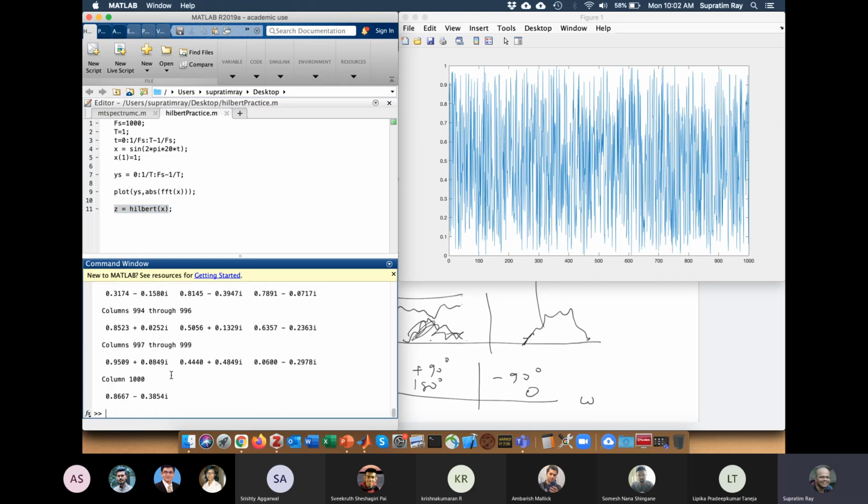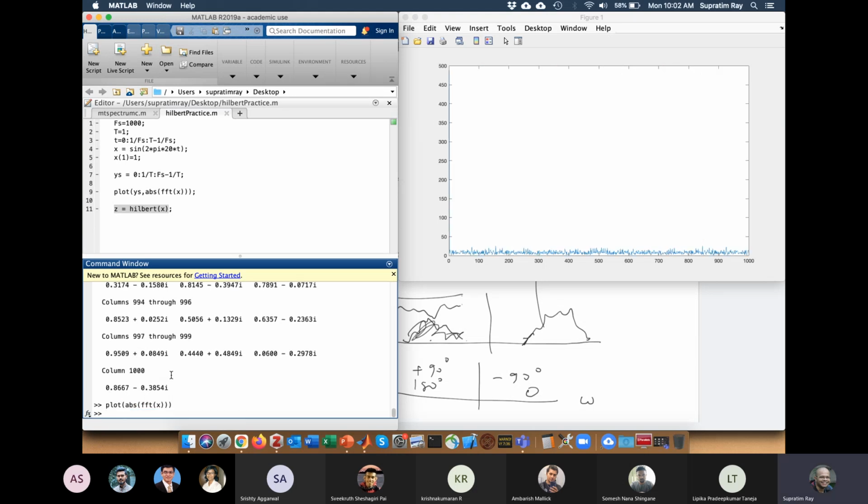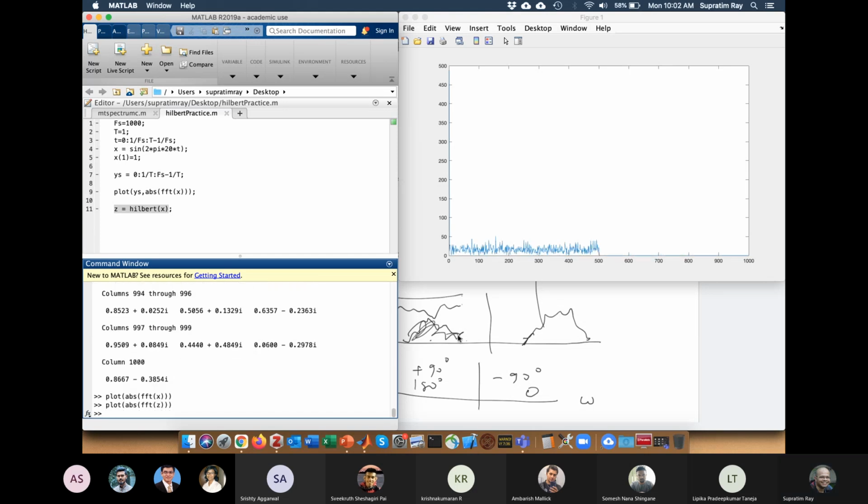Okay, so now I create an analytic signal Z. Now plot abs FFT x. This is this random stuff here. Plot abs FFT of z. It gets doubled on the positive side, becomes 0 here. See that?